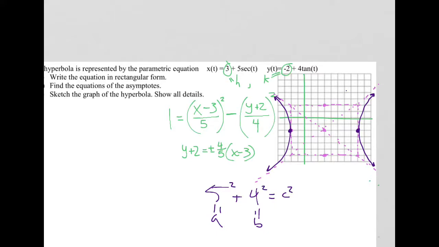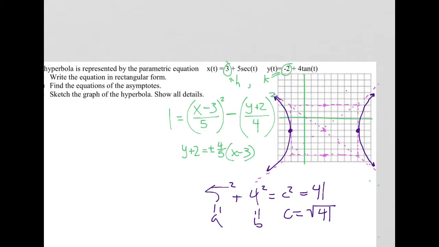Don't just assume it is because you see the 4 and the 5. So 25 plus 16 is 41, and so c squared is 41, which means c is the square root of 41.